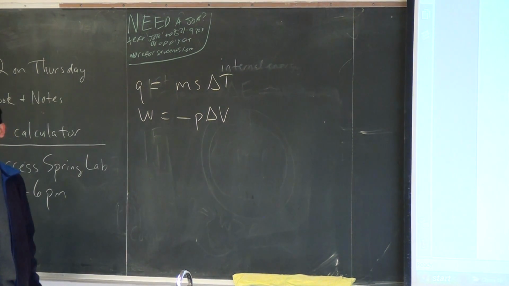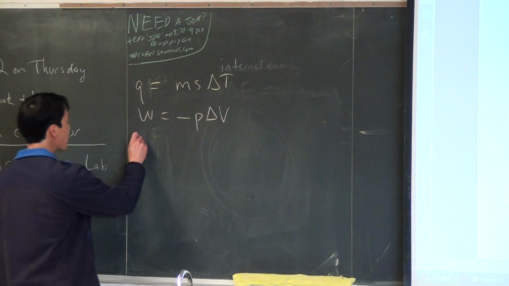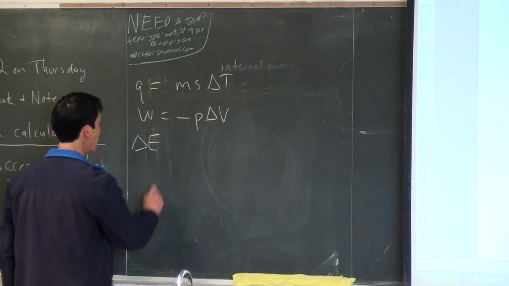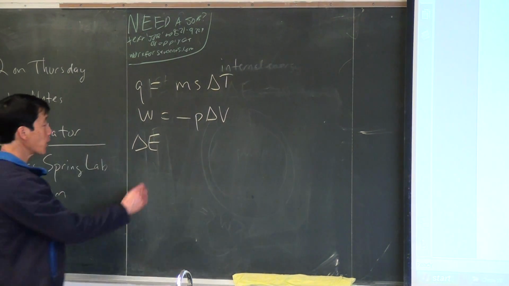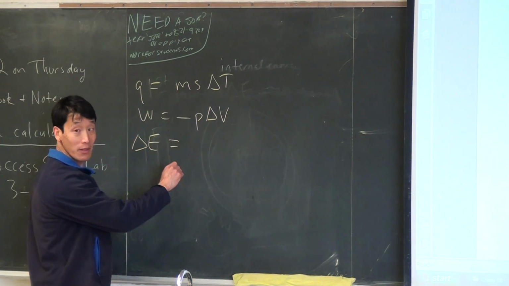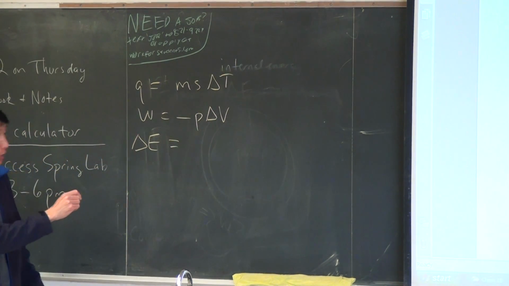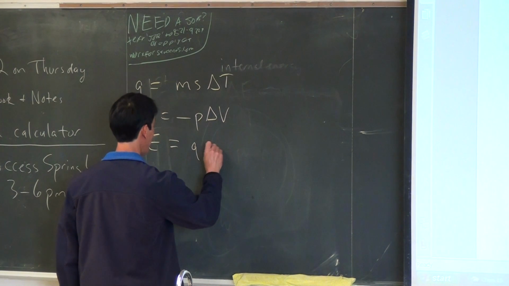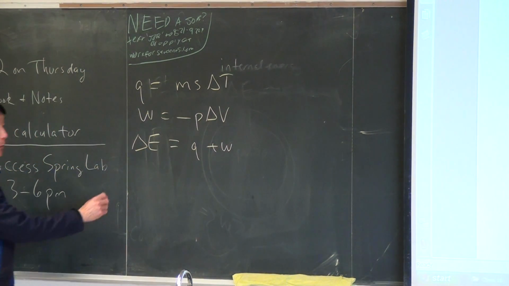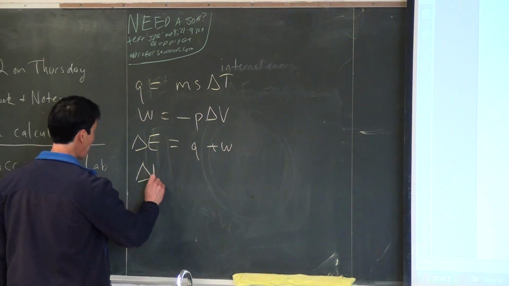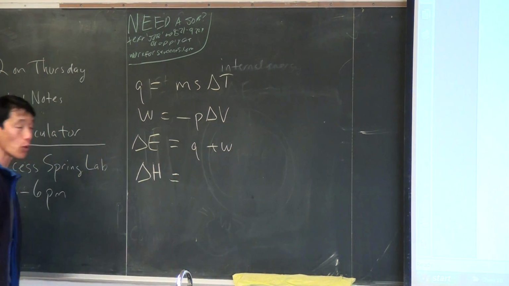Now that we know Q and W, we can calculate delta E. Again, we cannot directly measure delta E, but we can relate this to Q and W. So how is delta E related to Q and W? It's equal to Q plus W. And then we can calculate delta H. How is delta H related to Q or W or both?